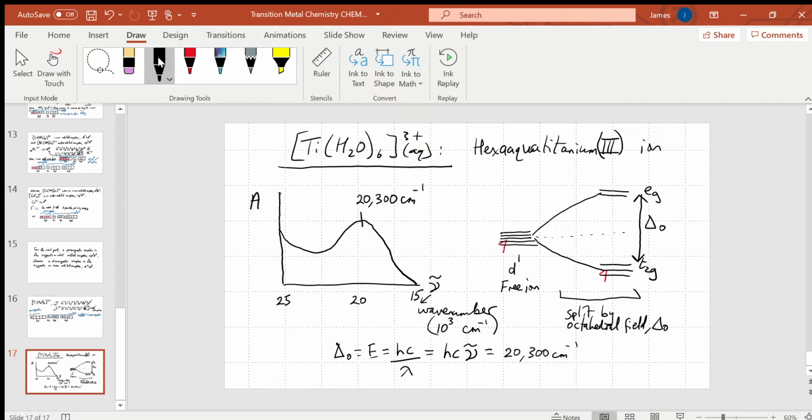And it represents the transition, e.g., from t2g to eg. Typically, you put the state that it arrives to on the left and the state that it comes from on the right.